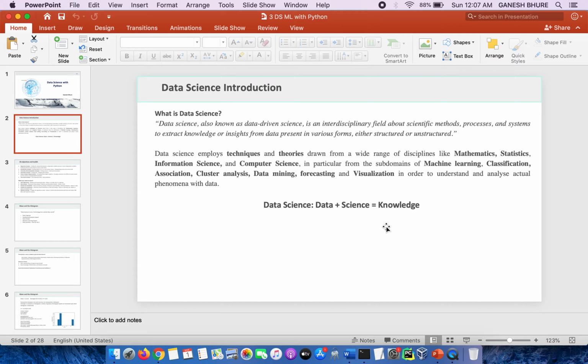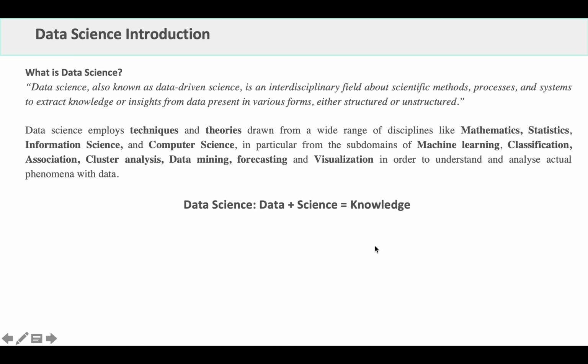Okay, so before I proceed, this is a formal definition of data science. It's a data-driven science, used for getting knowledge. Okay, there are scientific methods, processes, and systems to extract the knowledge or the insights from the data. And that's important, to extract the knowledge or the insights from the data.